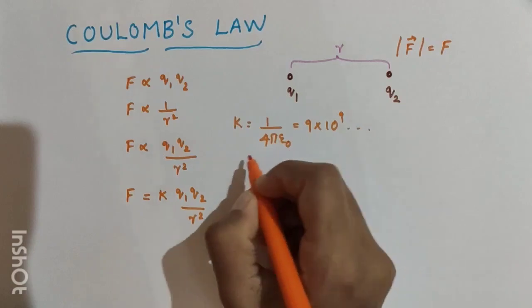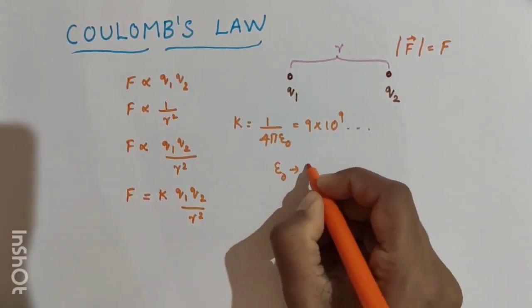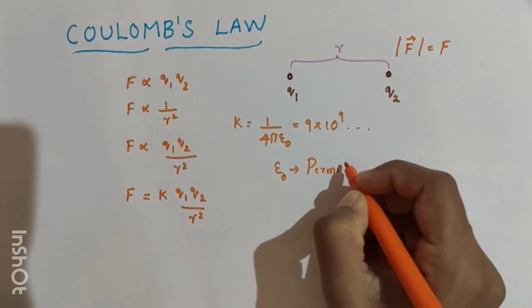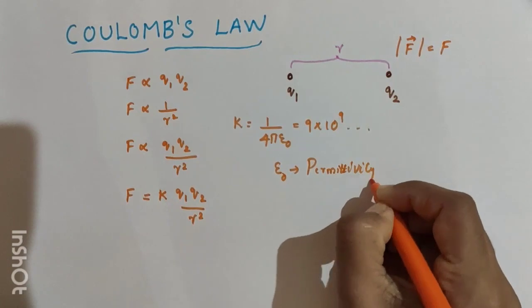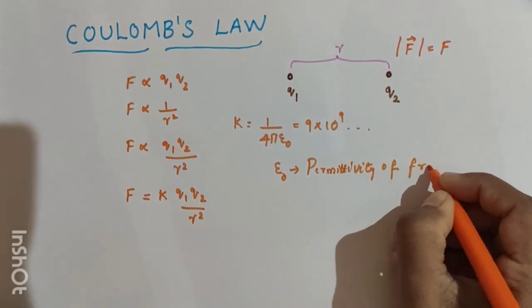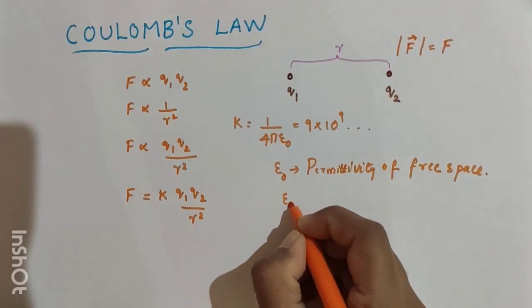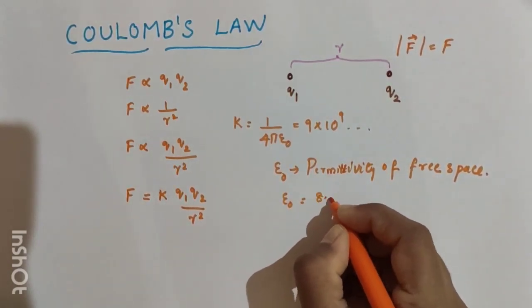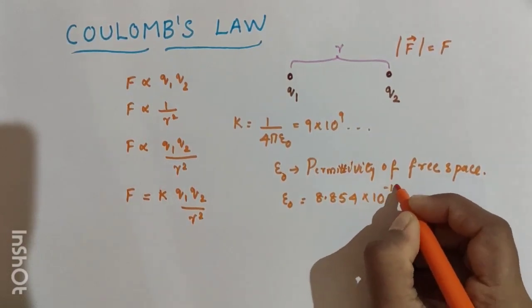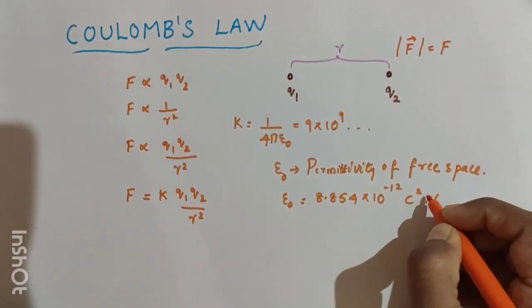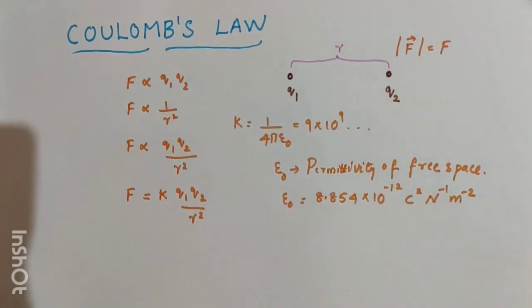See, this epsilon 0, 4 and pi have the usual meanings. Epsilon 0 is known as the permittivity of free space or vacuum. It has a value which is equal to 8.854 into 10 raised to minus 12 Coulomb square Newton raised to minus 1 meter raised to minus 2.